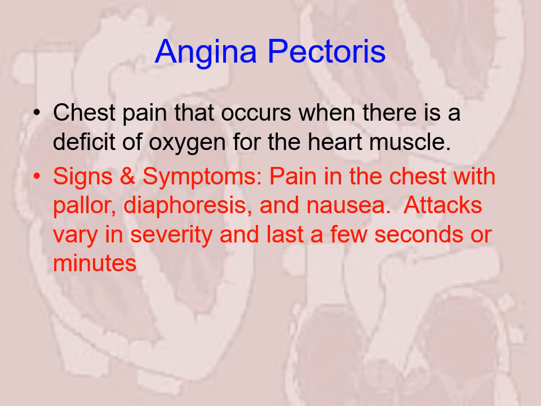Angina pectoris is chest pain that occurs when there is a deficit of oxygen for the heart muscle. Signs and symptoms: pain in the chest with pallor, diaphoresis, which means sweating, and nausea. Attacks vary in severity and last a few seconds or minutes.